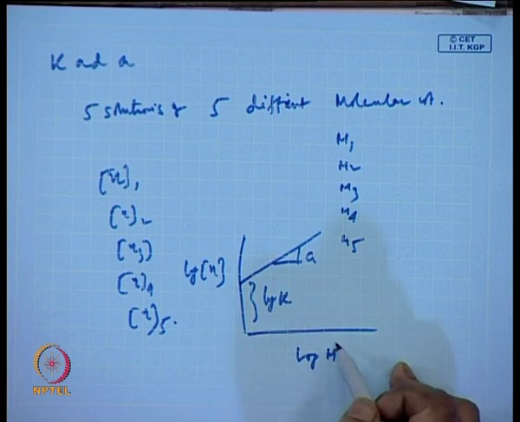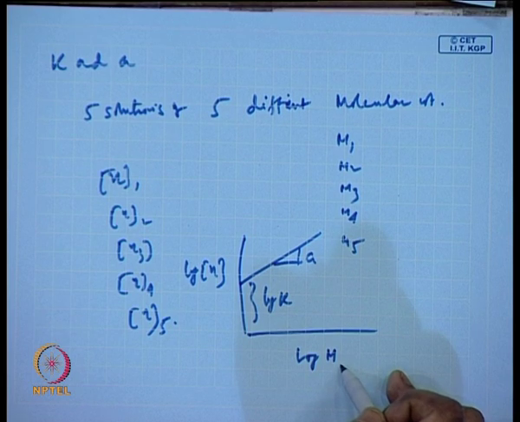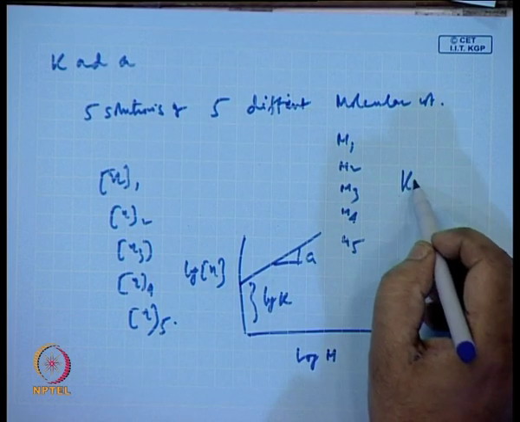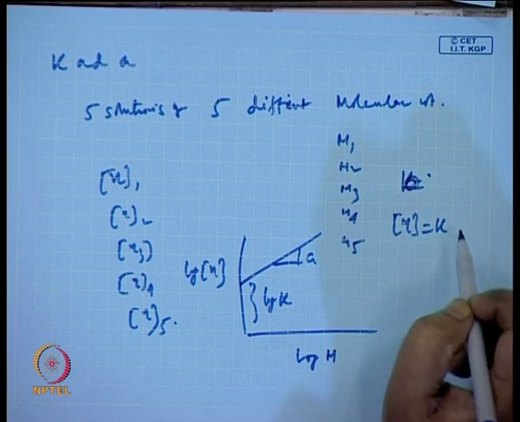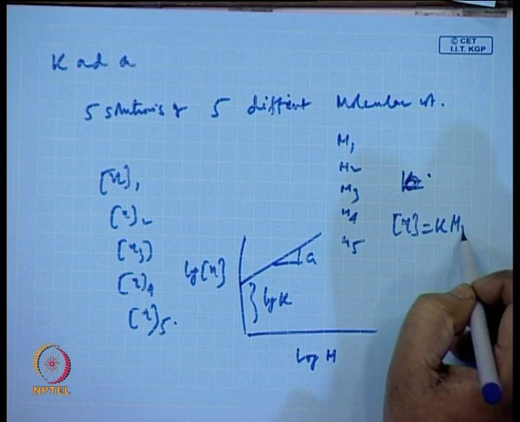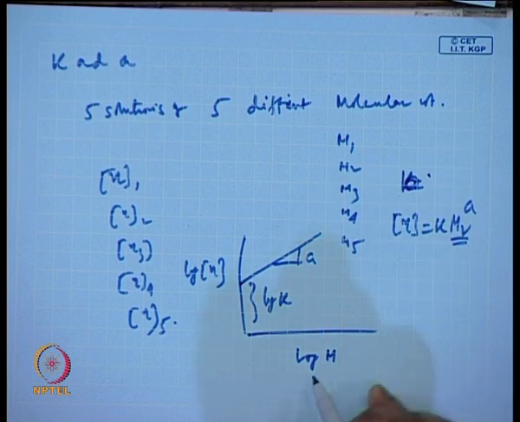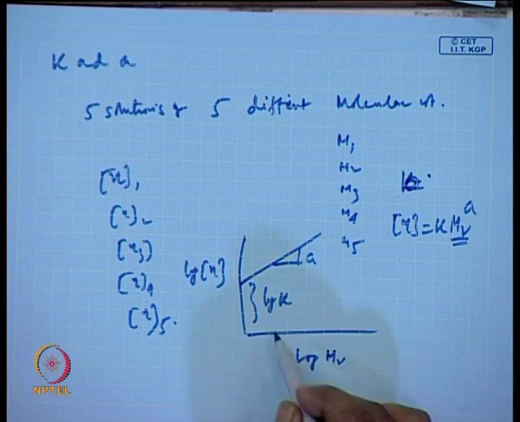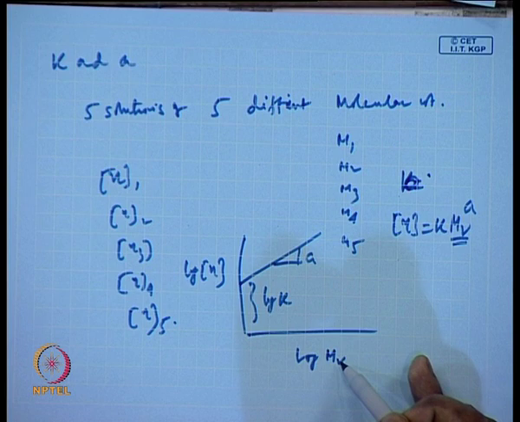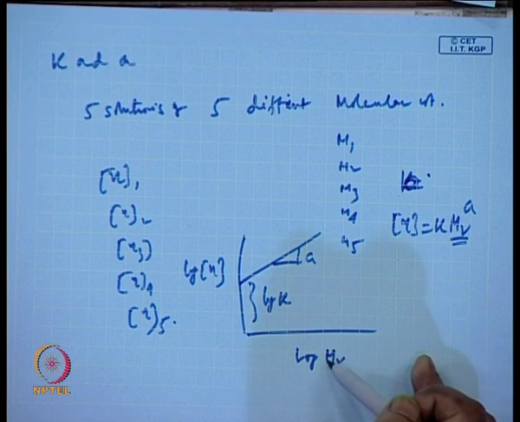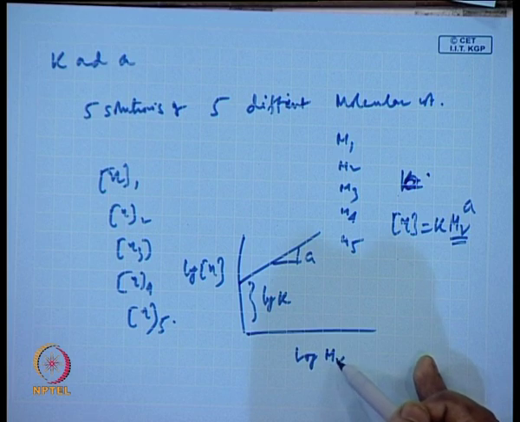Now, actually this is supposed to be Mv. The expression gives you eta is K Mv to the power a. Ideally you should have the Mv value for all these samples, which you do not have, because that is what you are determining. So, what samples will you use for calibration?